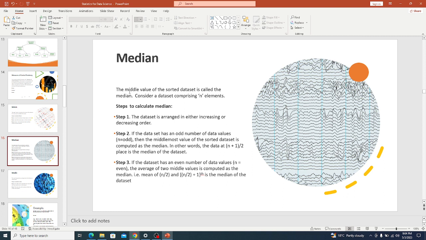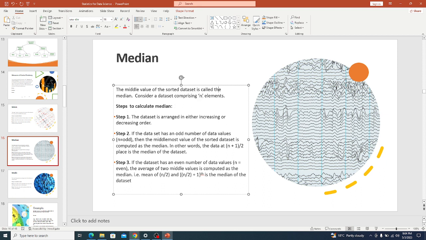Then we have the median. The median is the middle value of a sorted data set. You can sort it in ascending or descending order. So let's see how we can calculate it.